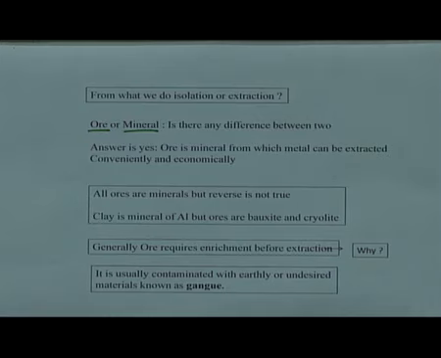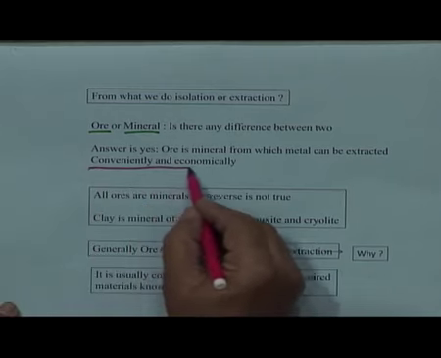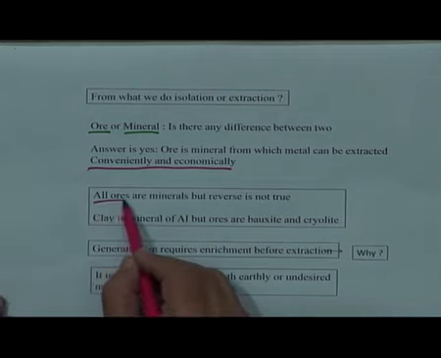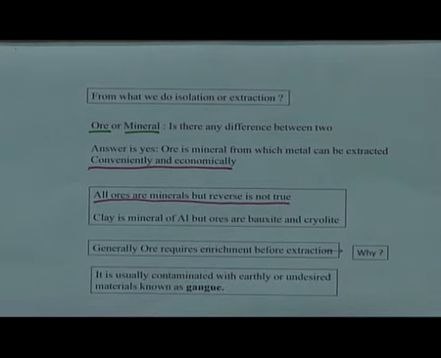So, the first question is, is there any difference between the two? The answer is yes. An ore is a mineral from which metal can be extracted conveniently and economically. What does it imply? That all ores are minerals, but the reverse is not true. There is a large number of minerals in our earth crust from which we cannot isolate or extract metal.